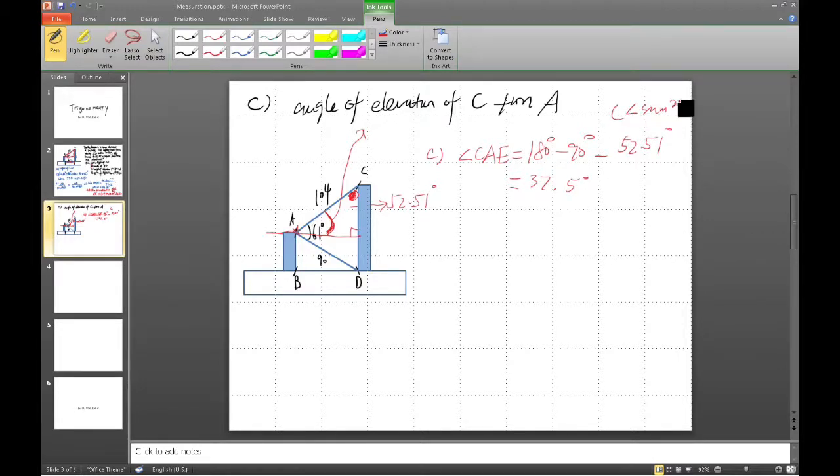And please state your reason. The reason is angle sum of triangle here. We have finished for part C.